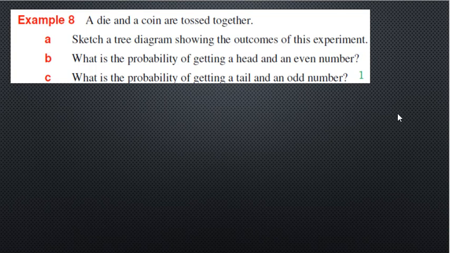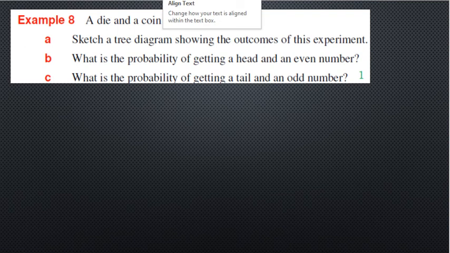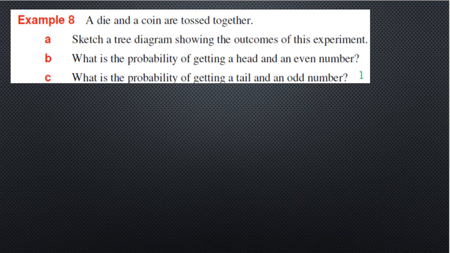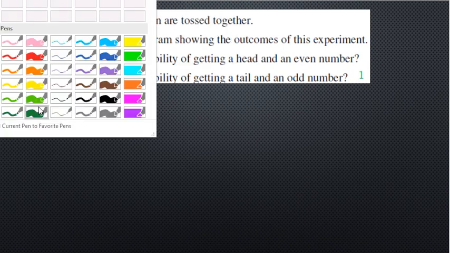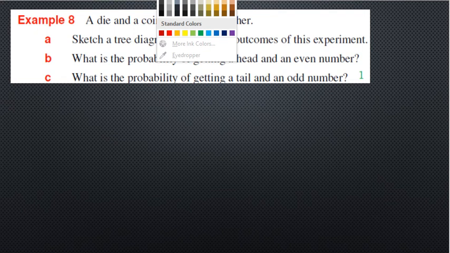Okay, the next example is our third example. What does it say? A die and a coin are tossed together, simultaneously.